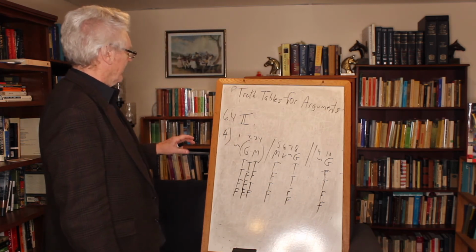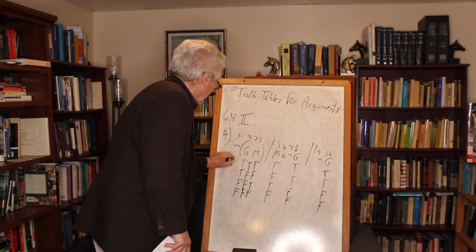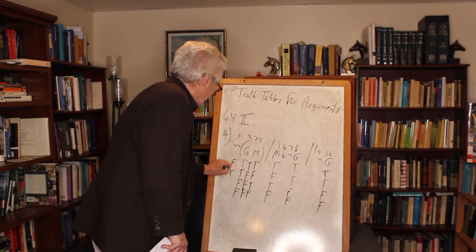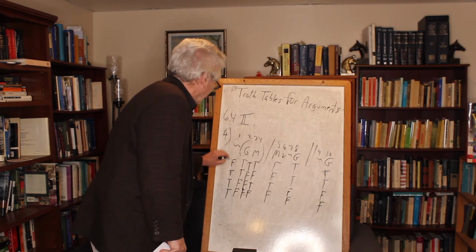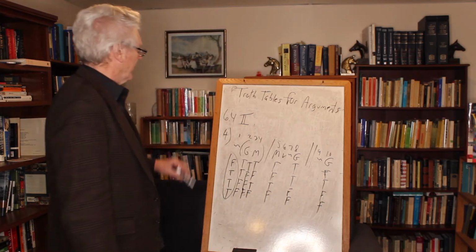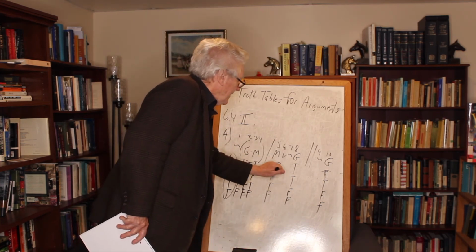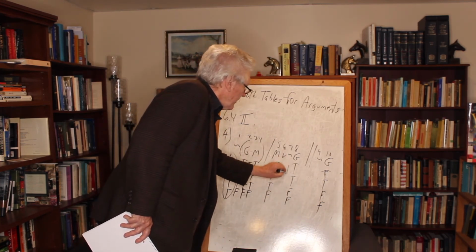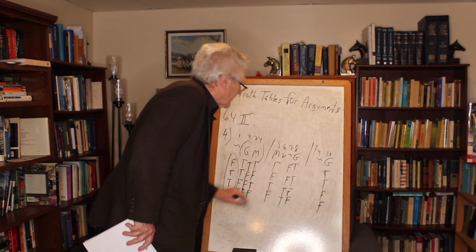Now I can get column 1 because I just negate what's under 3, right? Not true is false, not false is true, not false is true, not false is true. And that's going to be the main operator for my first premise, so I'm just going to circle it. G is true, true, so negation G is false, false, not false is true, not false is true.